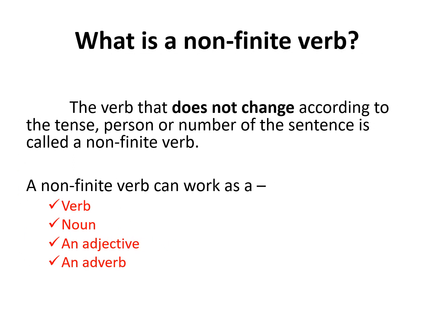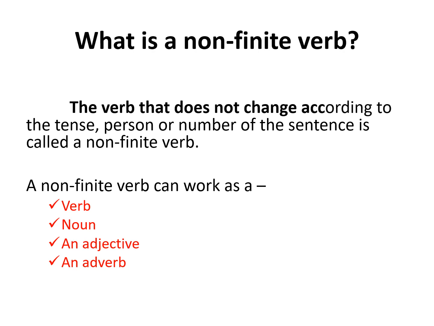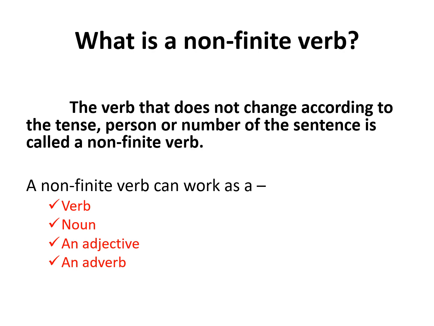Now we are going to know what is a non-finite verb. The verb that does not change according to the tense, person, or number of the sentence is called a non-finite verb.